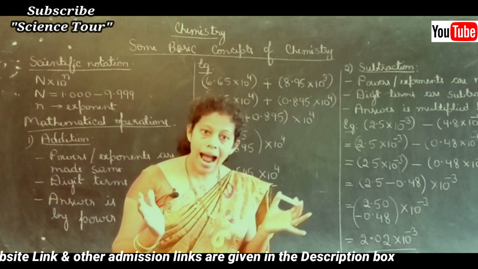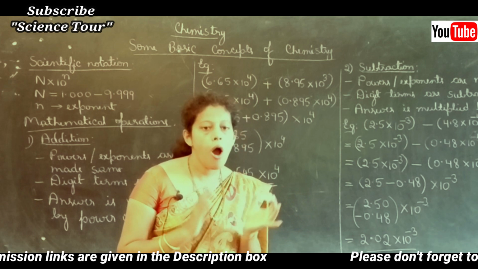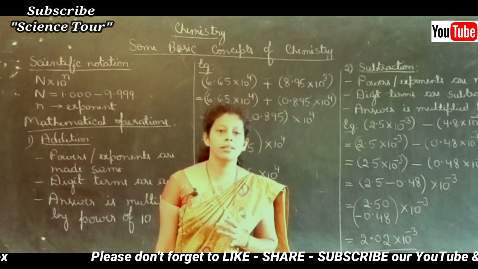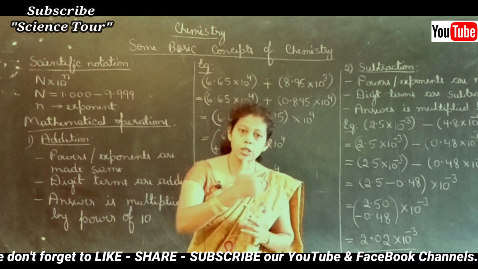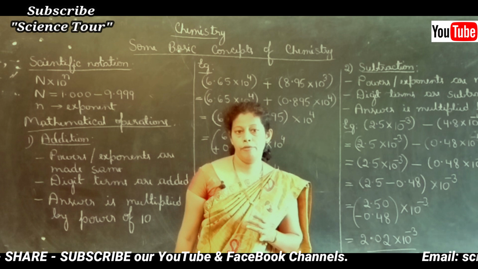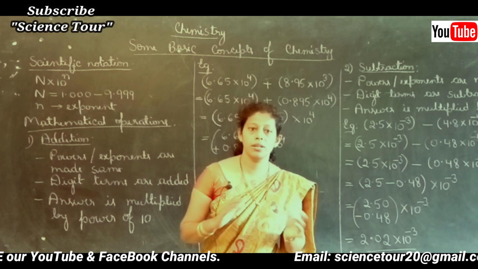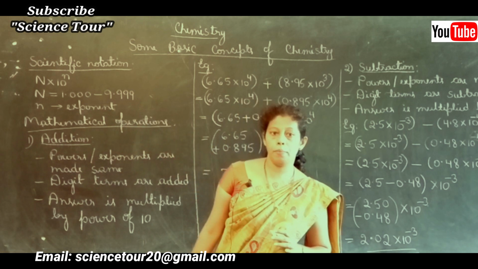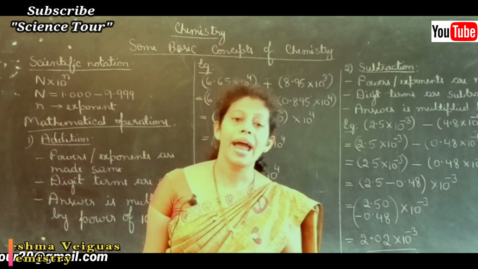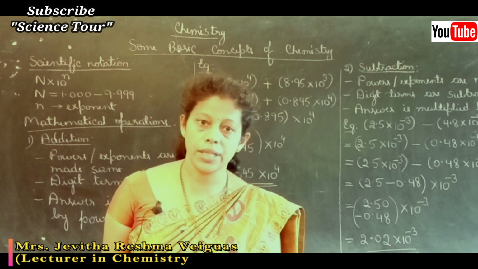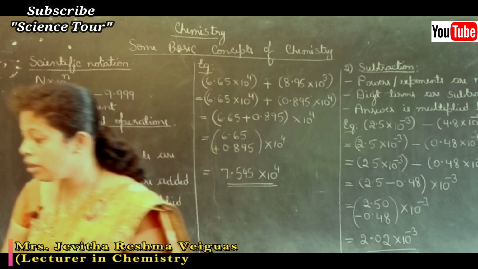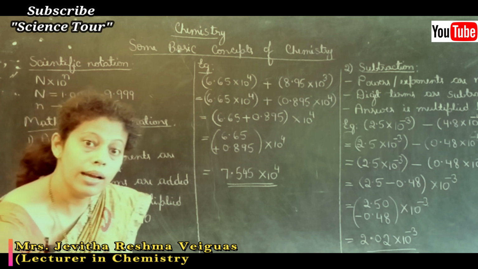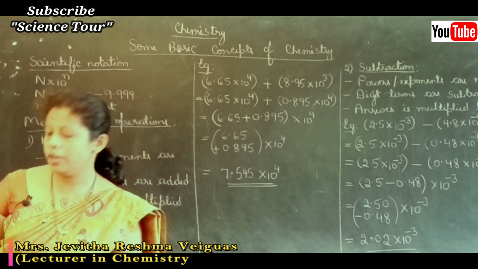After that, add or subtract the digit terms and multiply the answer by the power of 10 or exponent, which is common for both numbers which are added or subtracted. So this is about the mathematical operations where we have studied addition and subtraction of scientific notations. Now next let us study multiplication and division.